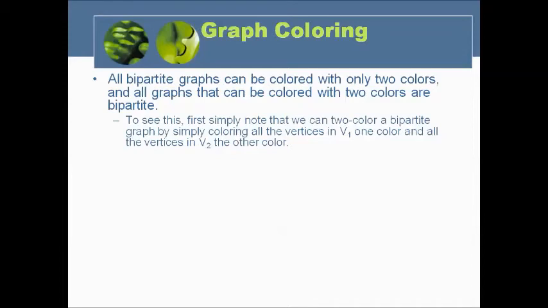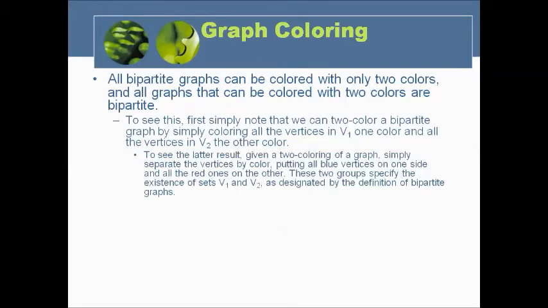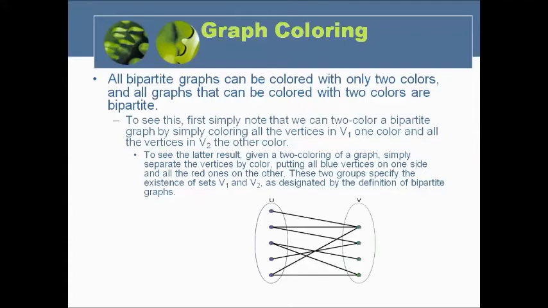All bipartite graphs can be colored with only two colors, and all graphs that can be colored with two colors are bipartite. To see this, simply note that we can color a bipartite graph by simply coloring all the vertices in V1 one color, and the vertices in V2 the other color.